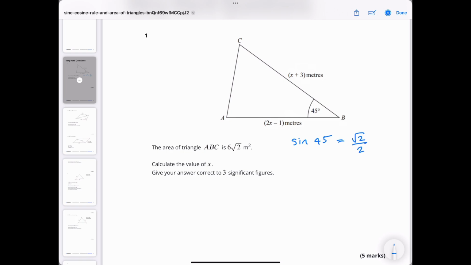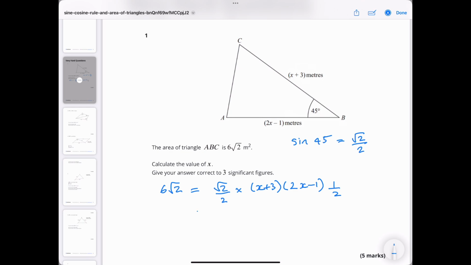The area of any triangle is, in this case, 6 root 2 equals root 2 over 2 times x plus 3 times 2x minus 1, and then that's times half as well.